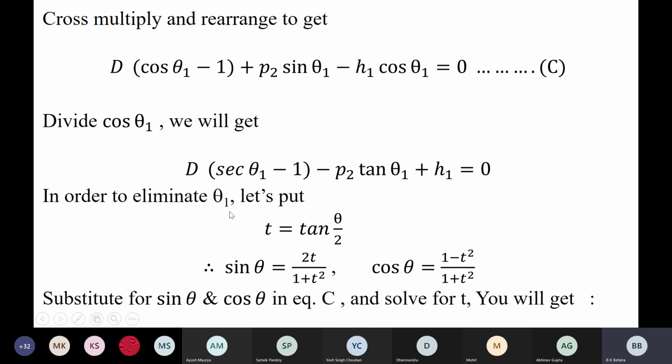If you want to eliminate theta, let's put t is equal to tan theta by 2, so that sin theta will be 2t upon 1 plus t square. Cos theta will be 1 minus t square by 1 plus t square. Substitute sin theta and cos theta in this equation number C and solve for t.